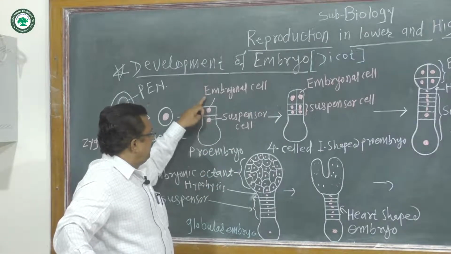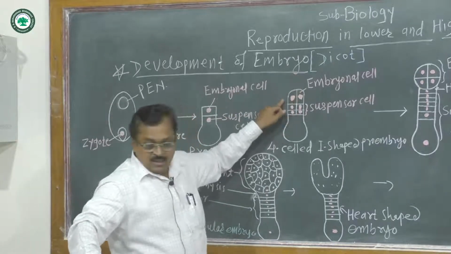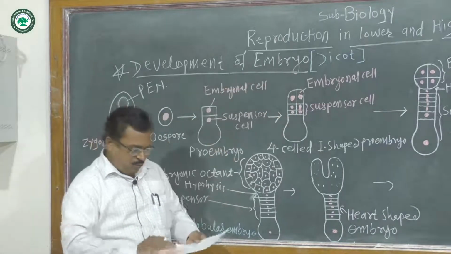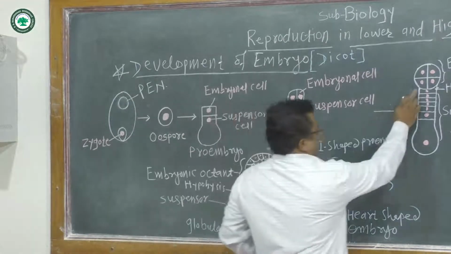The embryonal cell divides transversely, and then by vertical divisions at right angles to each other.